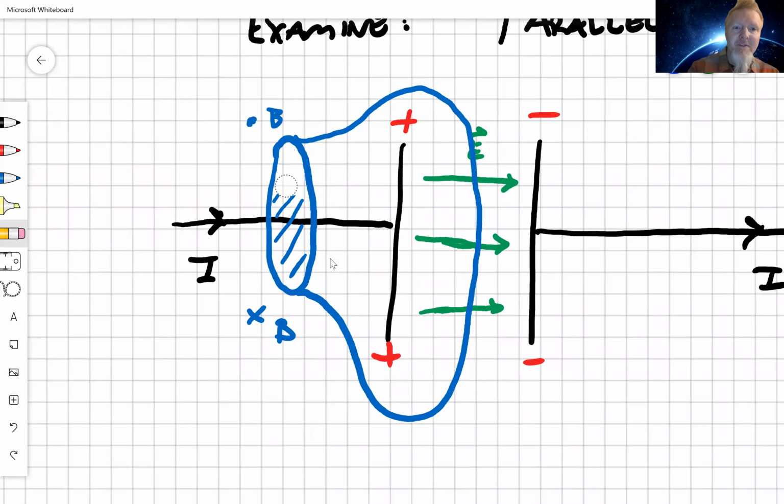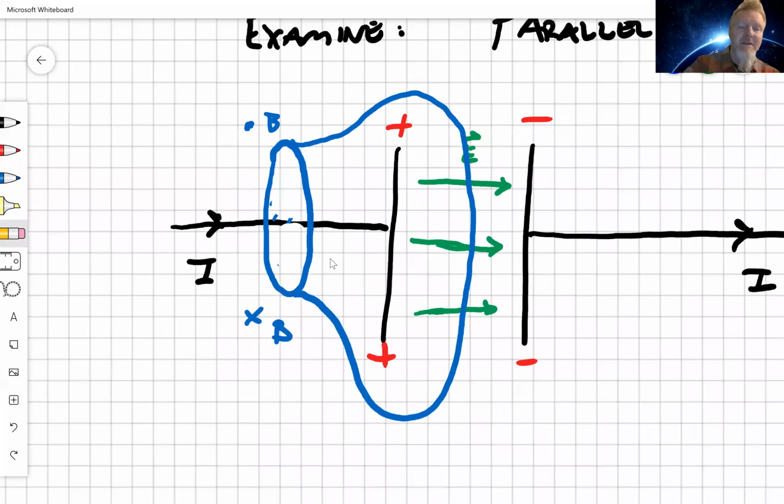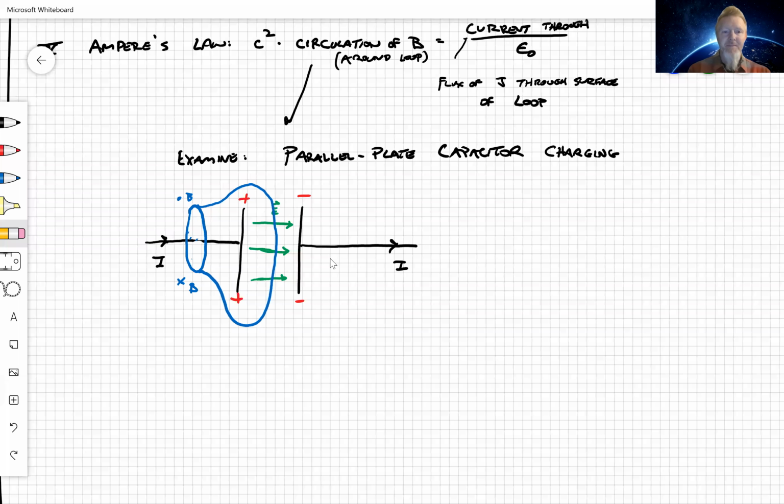This is not my surface anymore. I'm going to get rid of all of these lines. Imagine that picture of the bubble. The bubble doesn't exist on the plane anymore. So the current going through this loop isn't going through an area. It's missing it because my area has gone out and around.